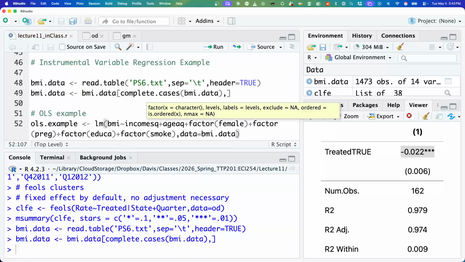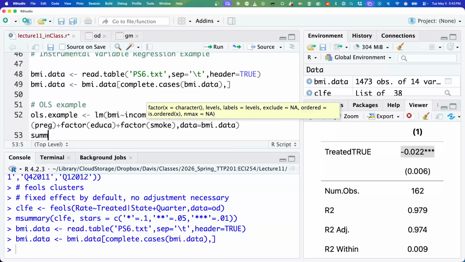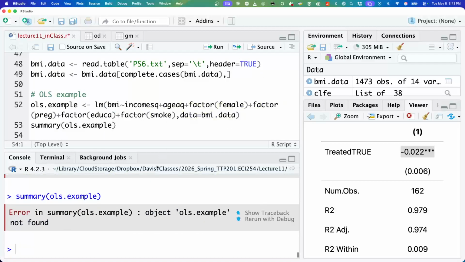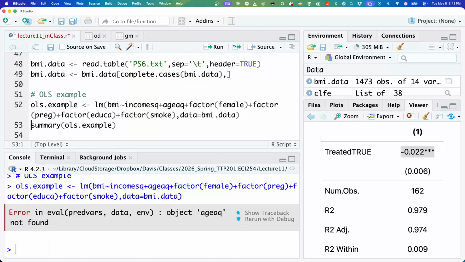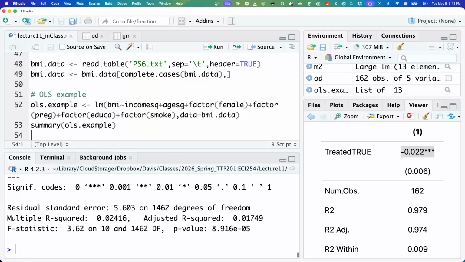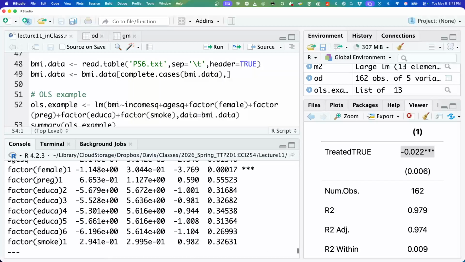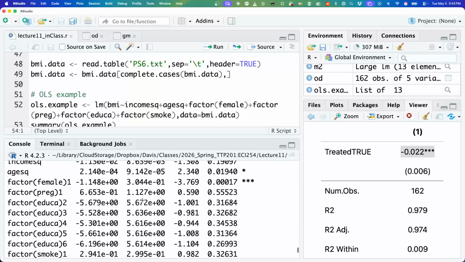Okay, so here we run the regression and we get a bunch of results.